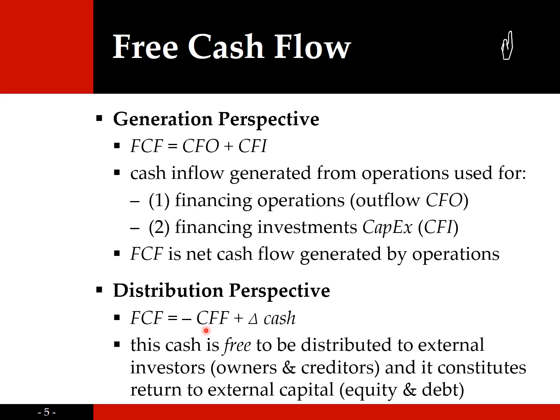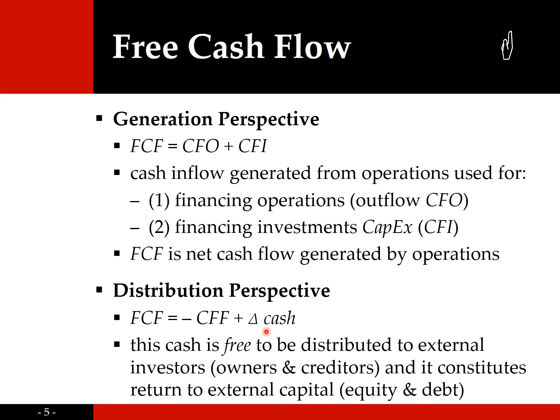Free cash flow is the cash that is paid out to the capital providers, that is to say the owners or the creditors, plus the cash that the owners and creditors kept in the company in the form of cash. Now, for mature companies, typically the level of cash on the balance sheet from one year to another does not change much, and therefore this number will be close to zero.